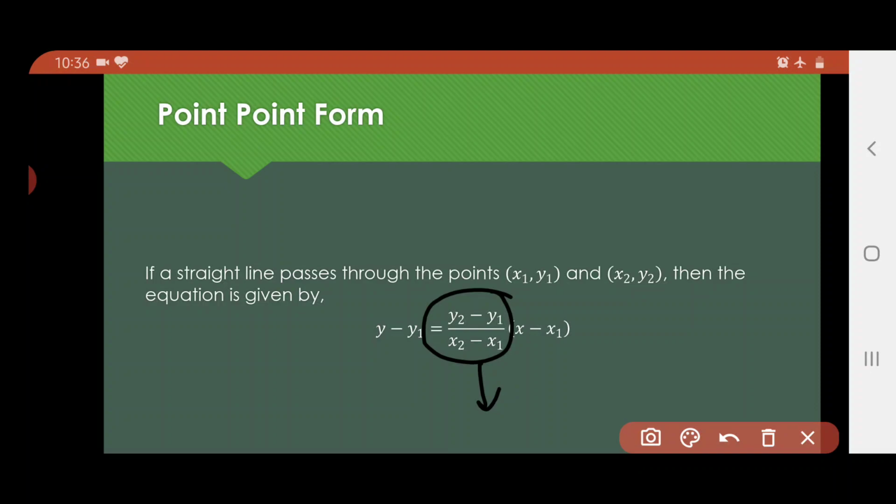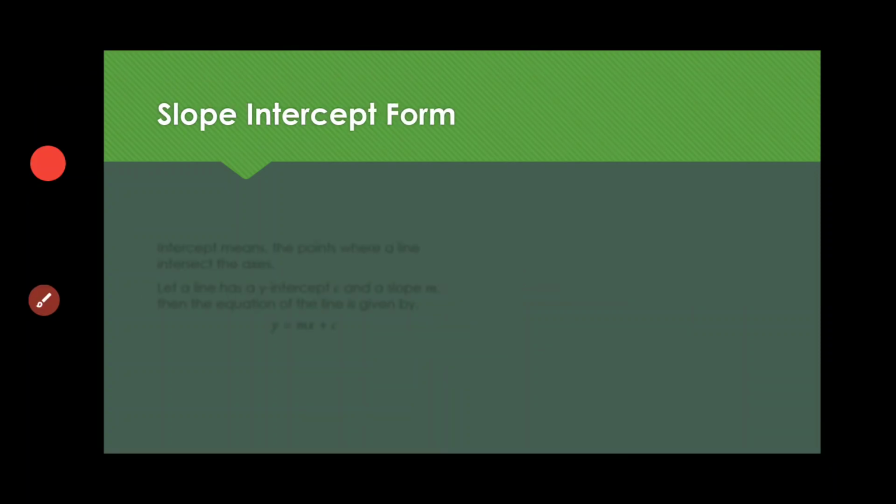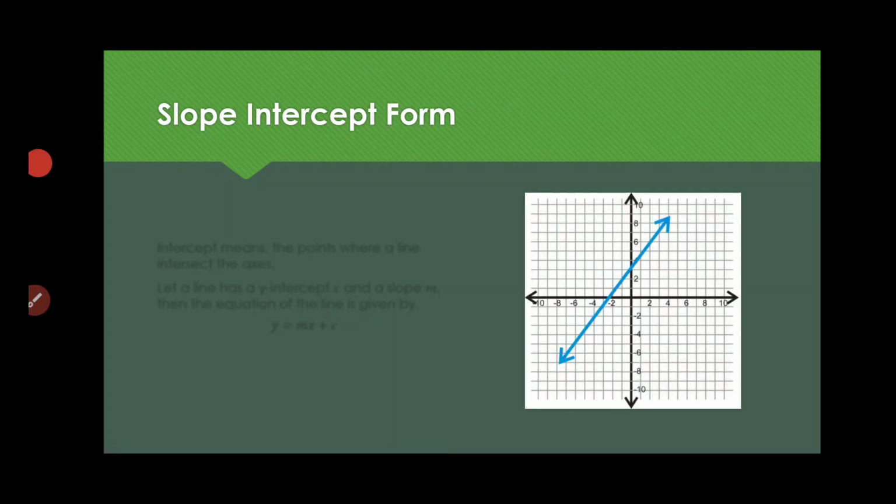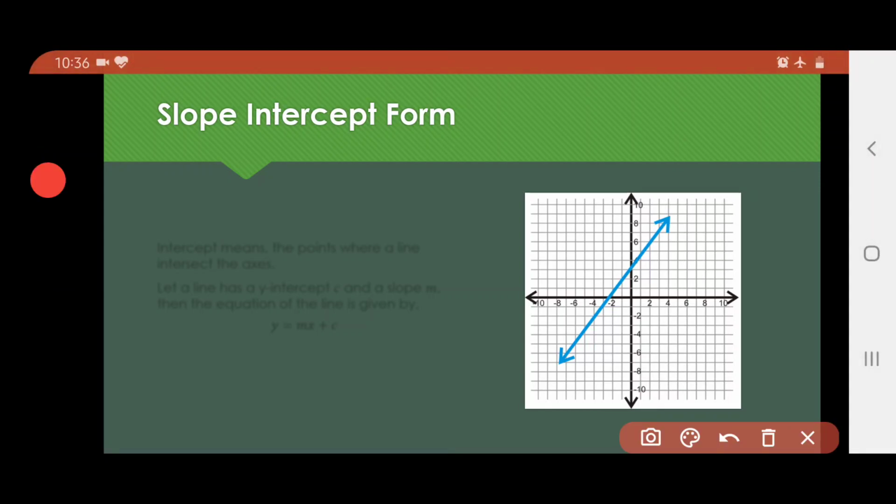Next, we have the slope intercept form. To understand the slope intercept form, let me first draw this graph. We have this graph with us. So there is a straight line. This blue line is depicting a straight line, and it is intersecting the axes at these 2 points. It is intersecting the x-axis at this point, and the y-axis at this point.